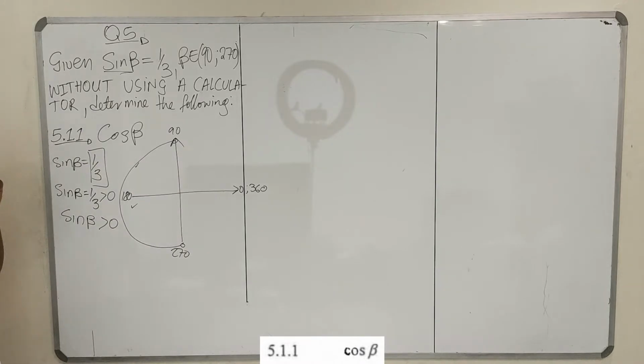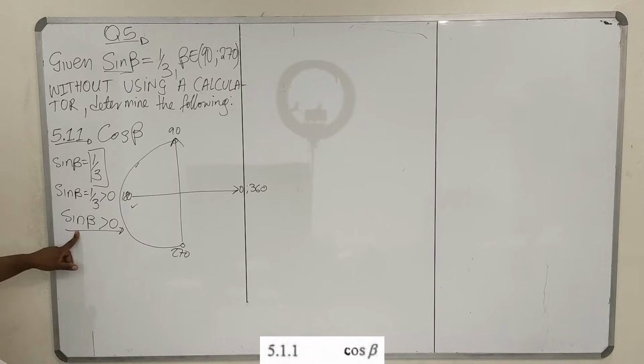Sine beta is positive, which is above 0.